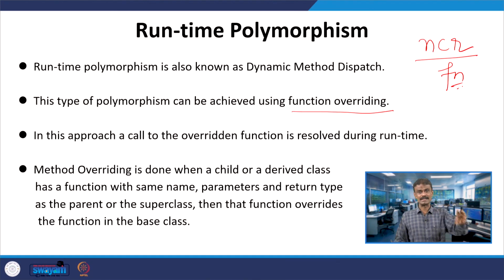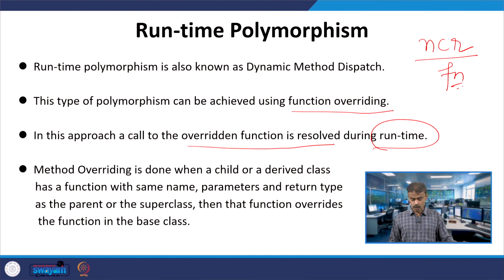This will be decided during runtime and can be achieved using function overriding. The overridden function is resolved during runtime, that is very important, so you call this runtime polymorphism.